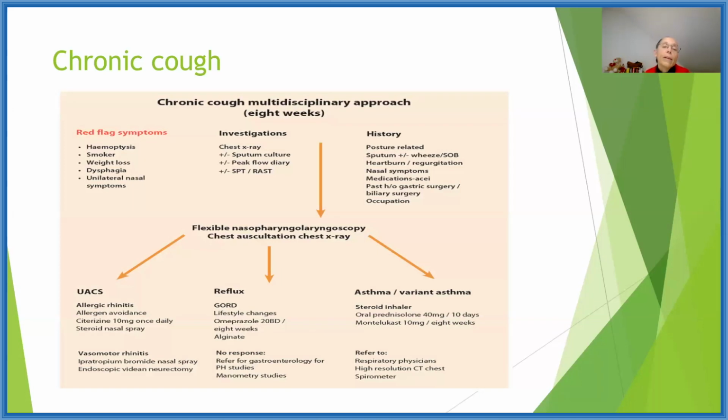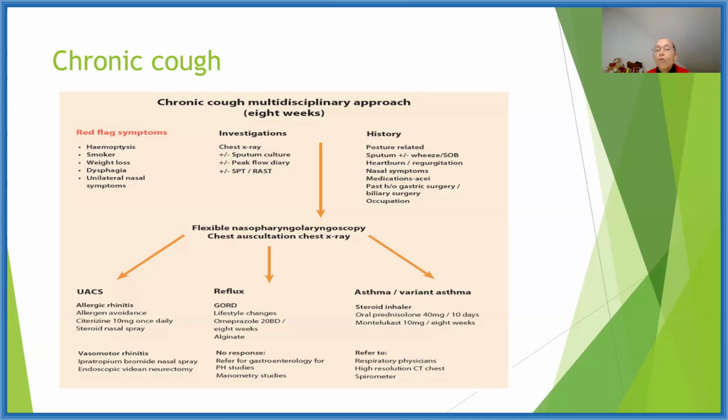So when one sees a patient with chronic cough, there are different approaches to try to establish the cause of the chronic cough. First, it's very important to have a very detailed history, trying to look for clues for the most common causes of cough.